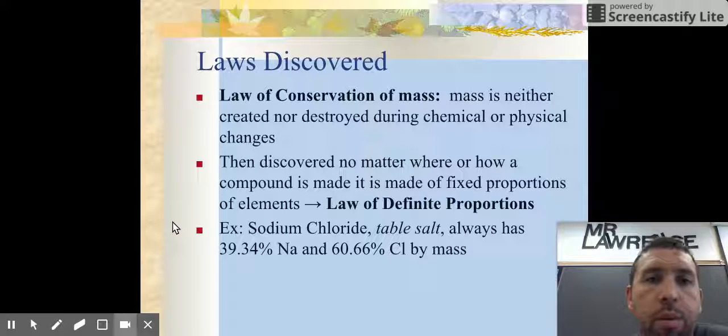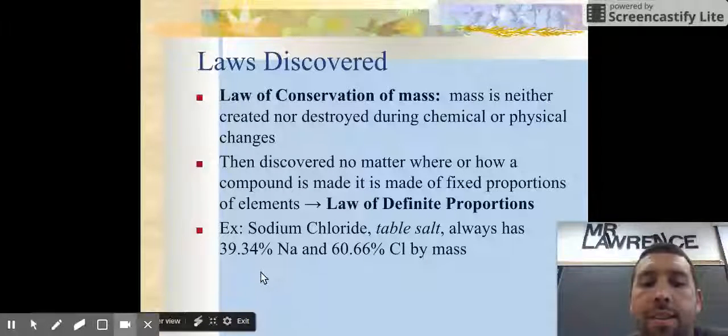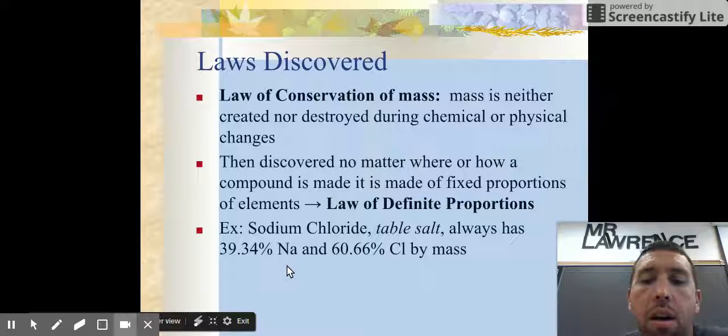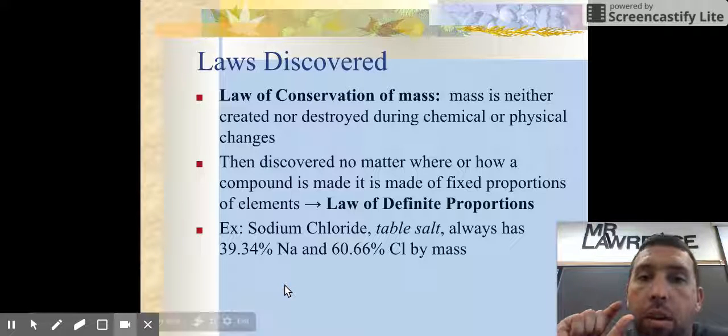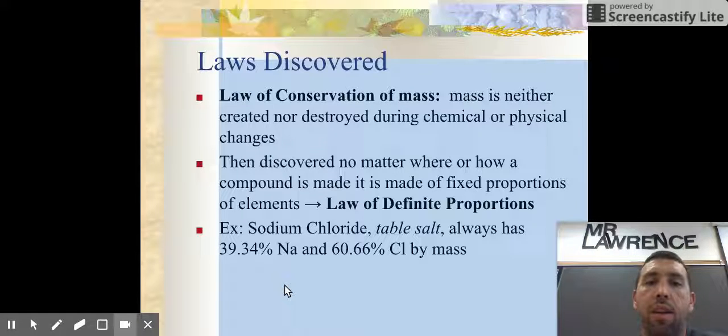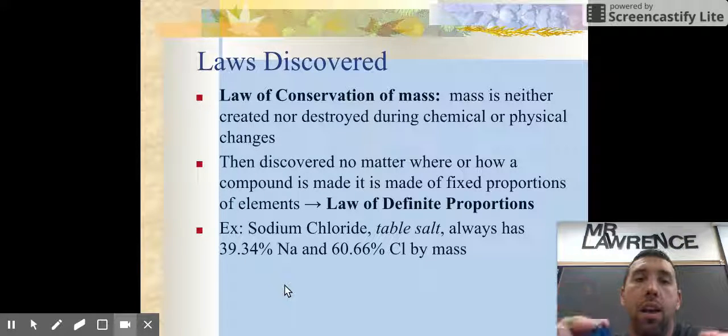If I went and got salt from Salt Lake City, or if I went and got salt from the Mediterranean Sea, and I ran an analysis on it, I would find it has the same ratio, or the same percentage by mass, of sodium to chlorine. And so what this means is that sodium chloride, salt, exists in a 1-to-1 ratio, because it takes 1 chlorine to make 1 sodium.